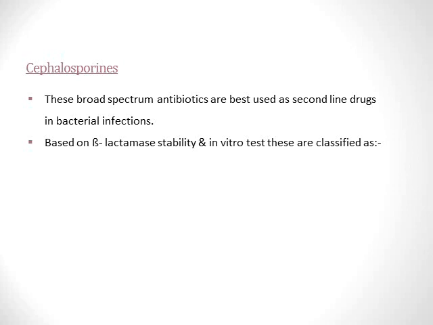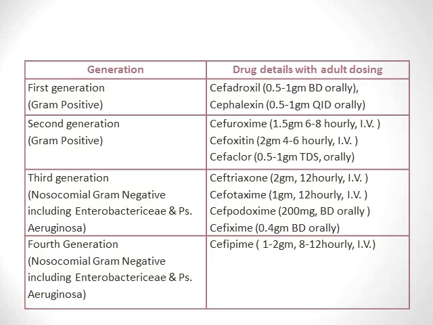Cephalosporins are used. Yes, these are broad spectrum antibiotics and are best used as a second line of drugs. So we have different cephalosporins. Out of these, what you have to remember with regard to skin is that most commonly we use ceftriaxone. Ceftriaxone is used as 0.5 to 1 gram BD orally, which is a first generation, easily available, and safe and can be used for most skin infections.